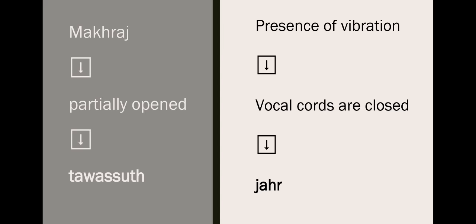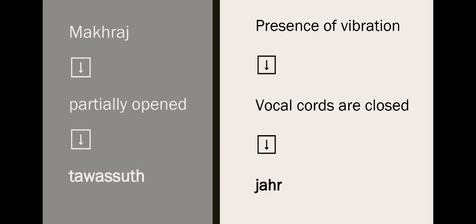That means it is another sifat we are explaining. What is it? Jahr. Jahr means there is no air leaving out with the letter. Try to do that. There is no air at all. That means it is a jahr letter.